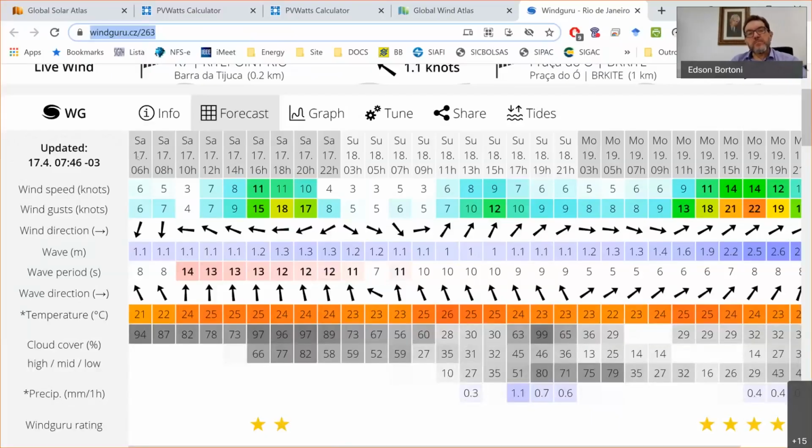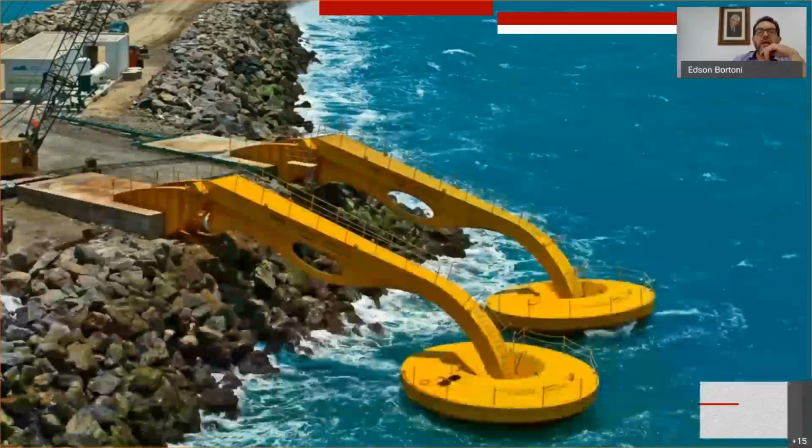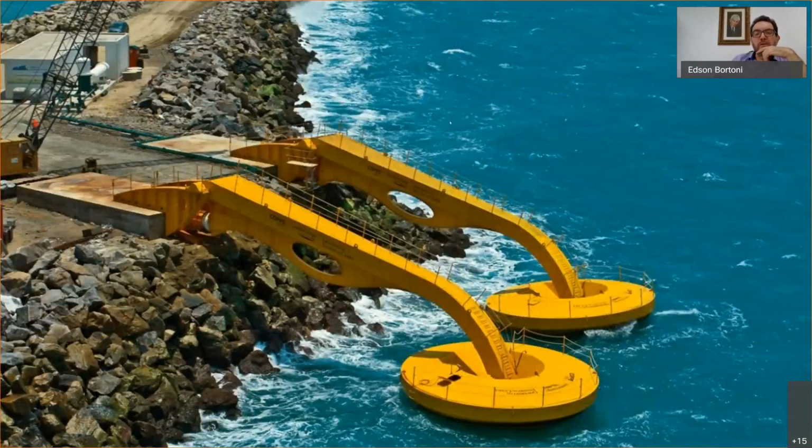Okay? The way you can get the energy from the ocean, you can use this arm that varies with the waves. In general, you use it to pressurize water, let's say drinking water, instead of salt water.